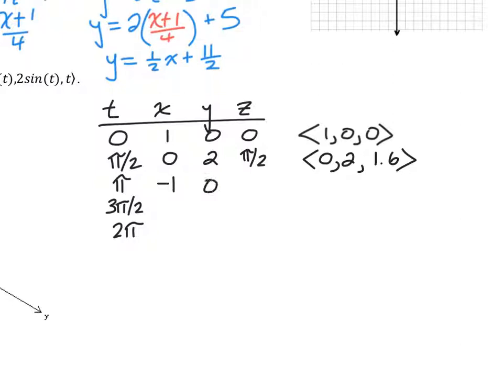So -1, 0, and pi, so -1, 0, and about 3.1. 3 pi over 2, what's cosine going to be? 0. Sine is -2. And then we just need 3 pi over 2. Probably should know that. About 4.7.